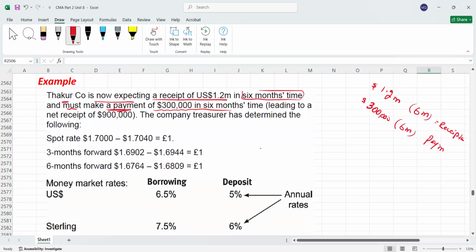So this is payment. If you look at here, we got a receipt of 1.2 million. If I remove the million sign, it means this much receipts I have in dollar and this much payment I have in dollar. And the duration is the same.